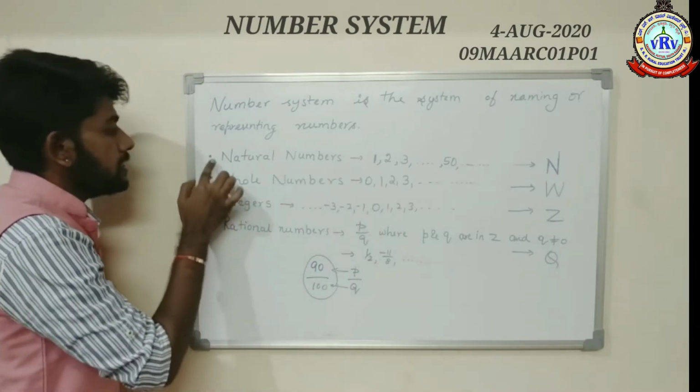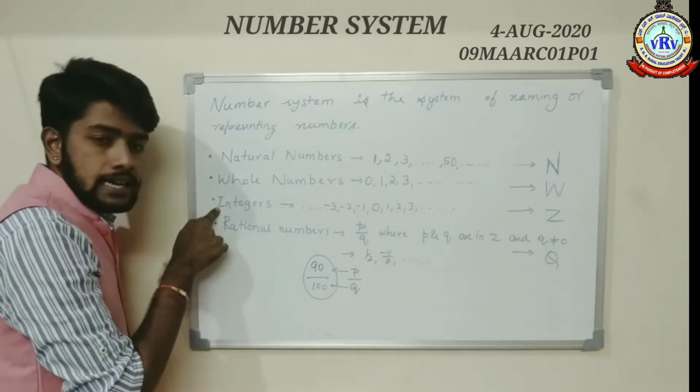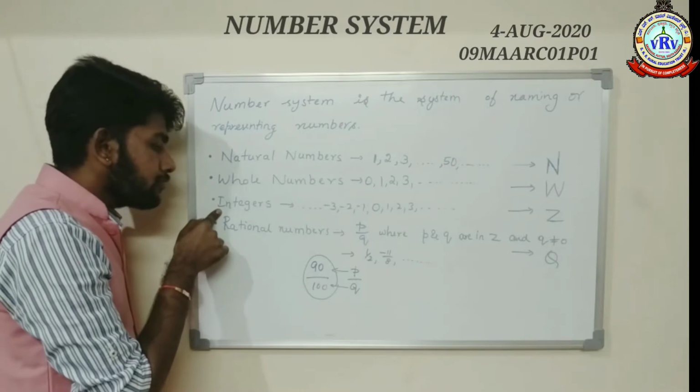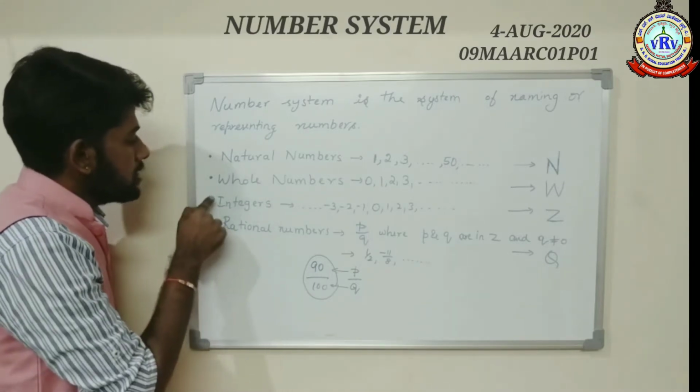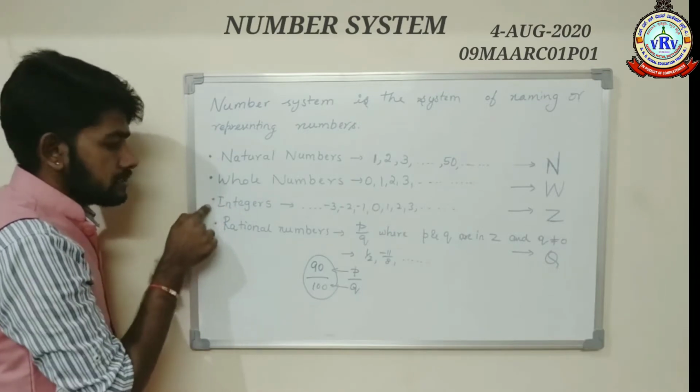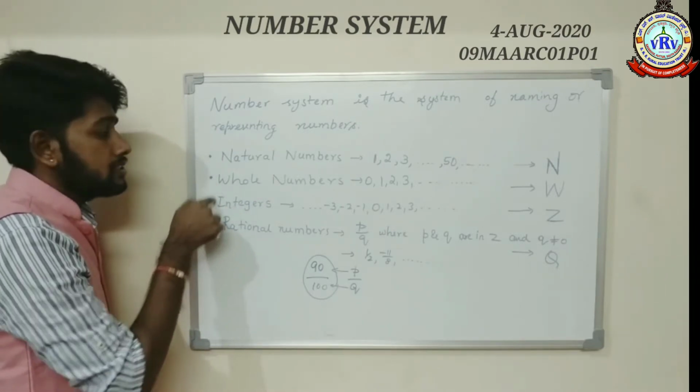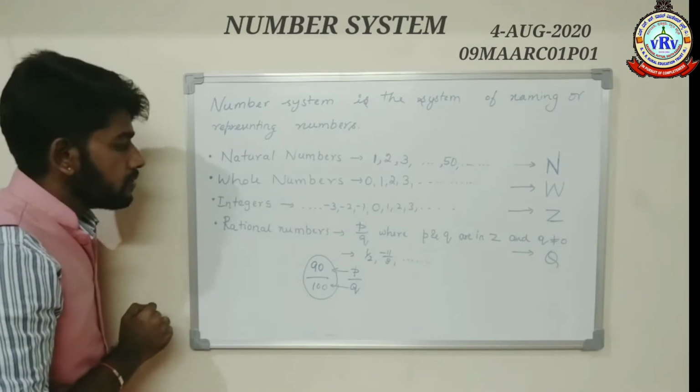Same way, every whole number is an integer but not every element in the integers is a whole number. Same way, every natural number is an integer but not every integer is a natural number.